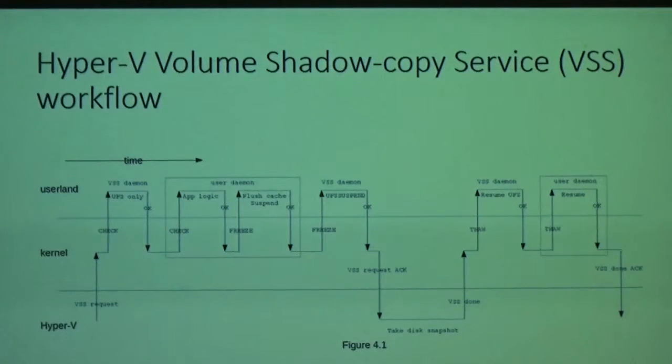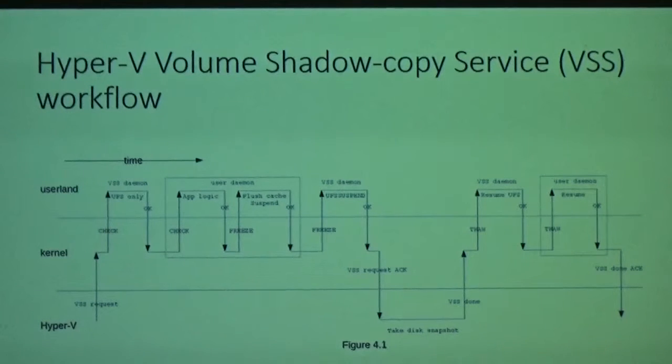Fine. If you only have UFS, then that's okay, but ZFS is not currently supported. Then it's going to check the user land daemon. The user land daemon is normally developed by the users. We don't have control there, but it can also be missing, as I have put it in a dotted square.